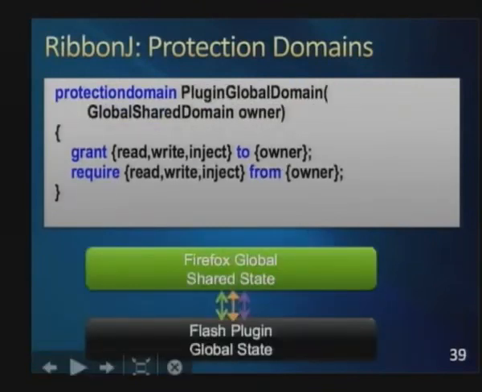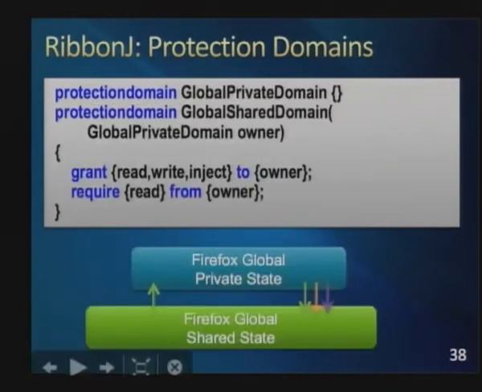Continuing the example, the global shared state also required the Flash plugin global state. It needed to give read, write, and inject privileges to and from. When we model the plugin global state, it's created presumably after the browser global state, so back in the definition of the global shared domain, the plugin domain didn't yet exist at this point in the program.